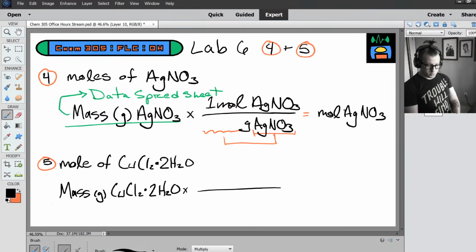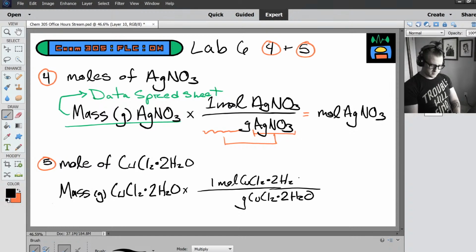And you multiply, so we need to convert from grams, right? So we put grams in the denominator for this unit conversion, moles in the numerator. And this unit conversion, you'll find by calculating the molecular mass.